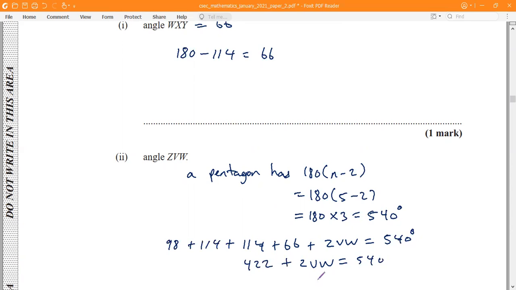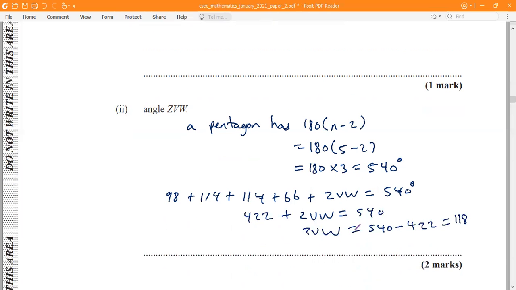So ZVW is 540 take away 422, which is 118 degrees. So the answer is 118 degrees.